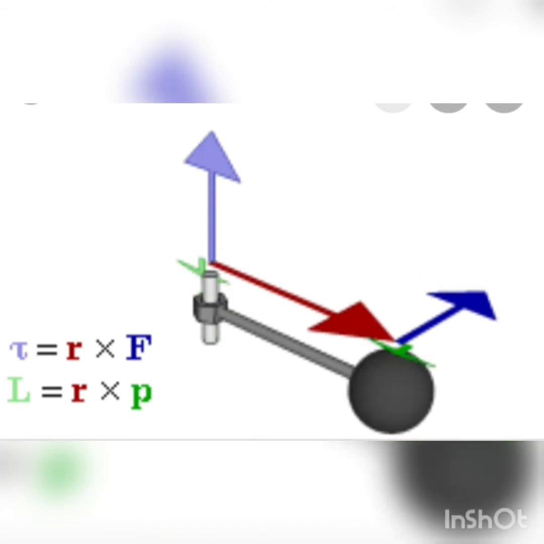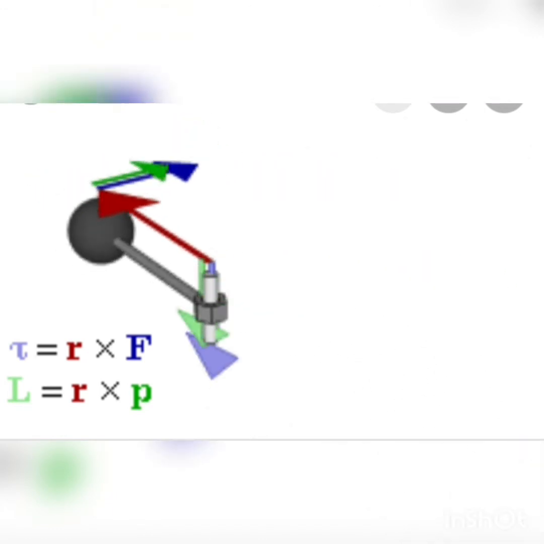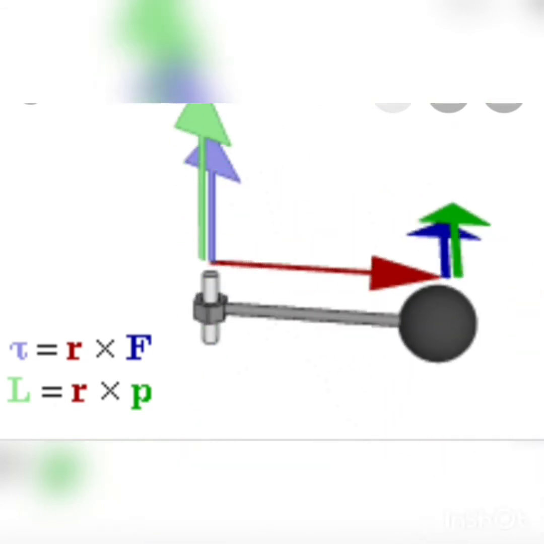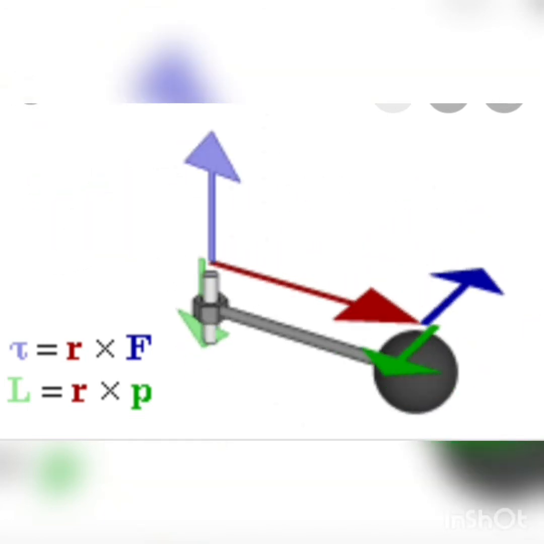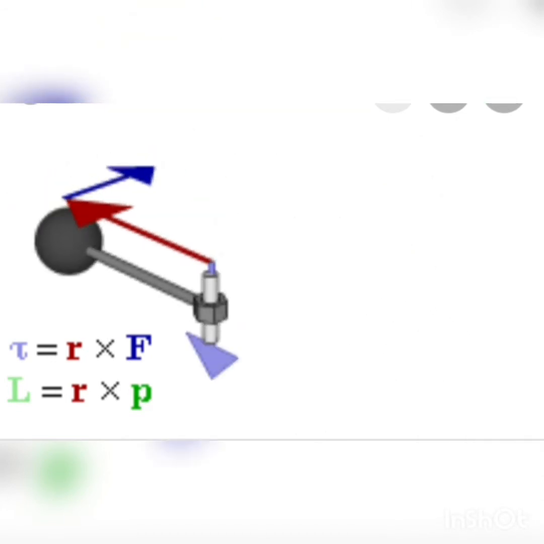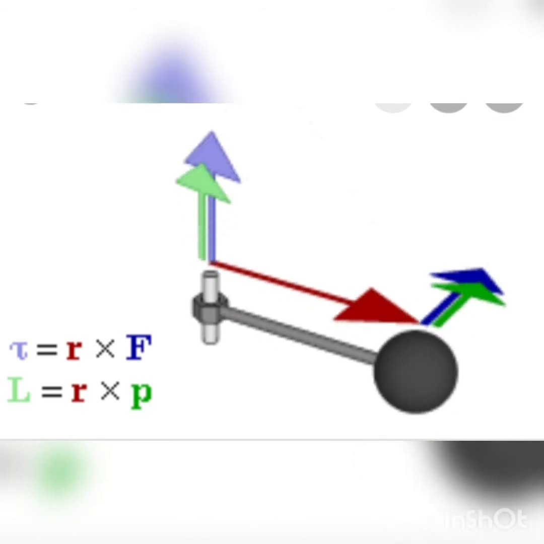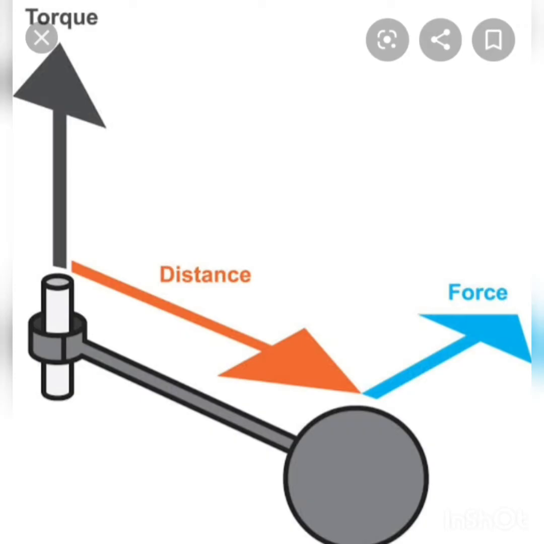When the force is being applied in the anti-clockwise direction, then it is shown by this green arrow. And see the nature of this r and force applied. r is the shortest distance, and the angle between r and F is 90°. Here, as you can see, this angle is 90°.